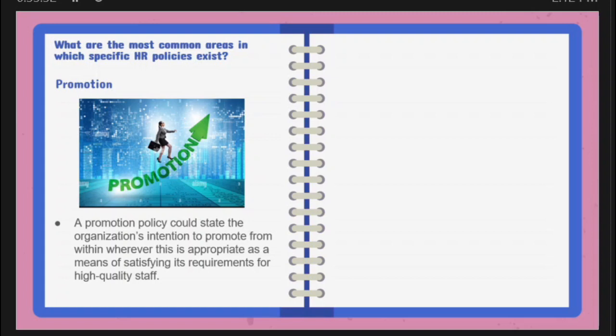The policy should define the approach that the organization adopts to engaging, promoting, and training all their employees. It should emphasize that the only criterion for selection or promotion should be ability to do the job.